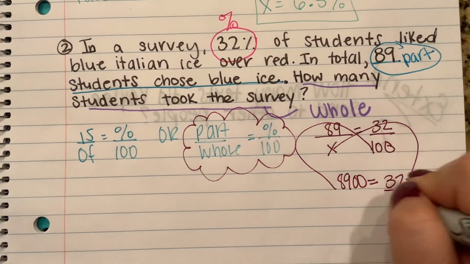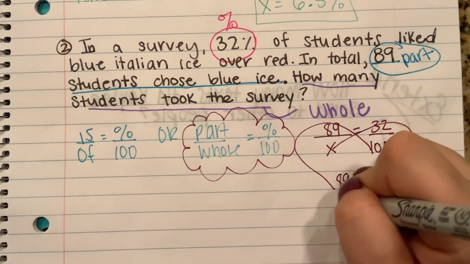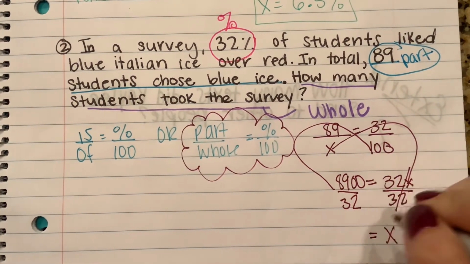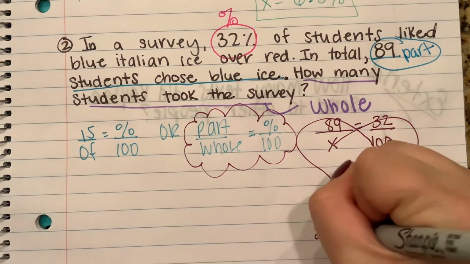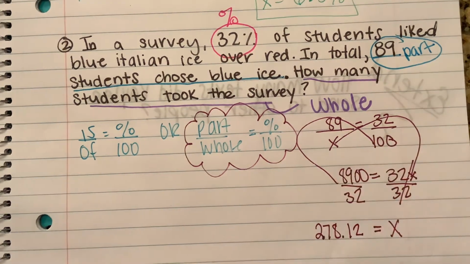Dividing by the number next to the x, x equals 278.12.